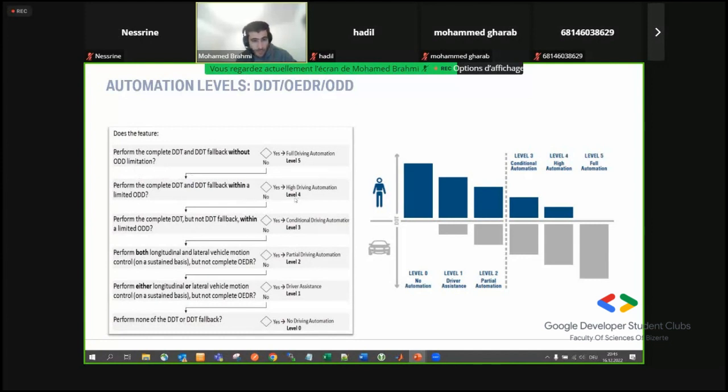If yes, L4. If not, you go further and so on until you find out which level your system has. And here you see the split between the driver and the car. When we move here with increasing automation levels, you see that the responsibility of the system grows and the responsibility of the driver decreases.